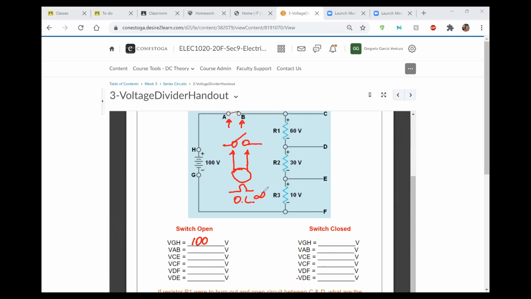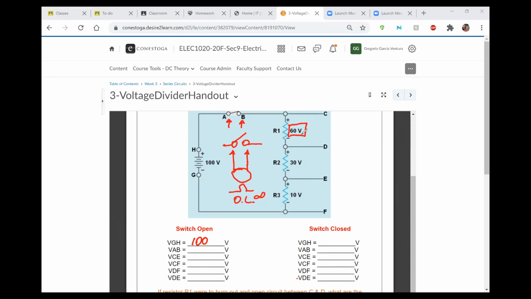Keep in mind that when we were simulating the circuit, we were experiencing the highest voltage drop on this resistor. Why? Because that one has the highest resistance value.